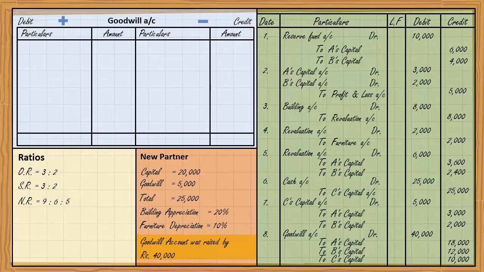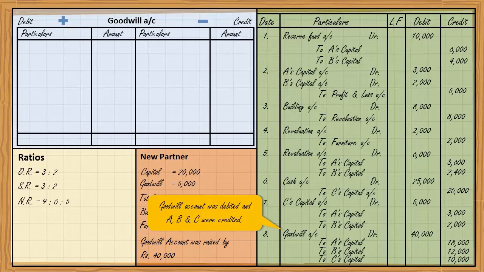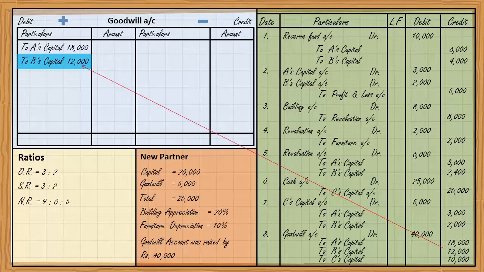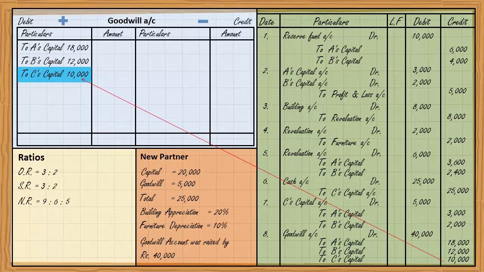So goodwill account was debited and A and B, C, they were credited. So on debit side, to A's capital 18,000, to B's capital 12,000, to C's capital 10,000, total 40,000, and on credit side, by balance CD 40,000 rupees. So total on both sides rupees 40,000.